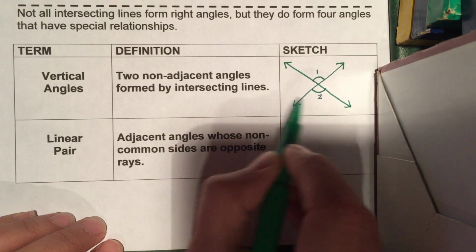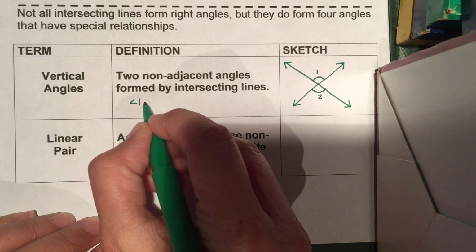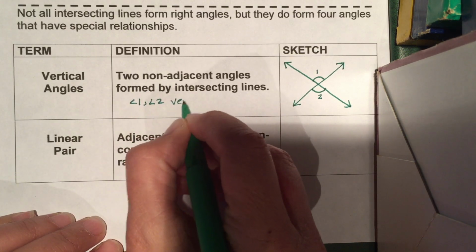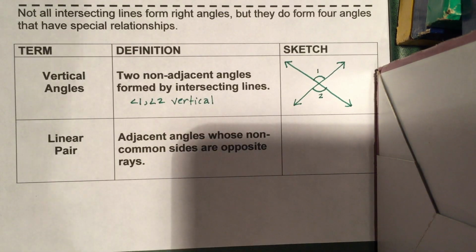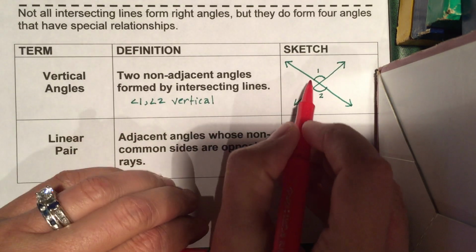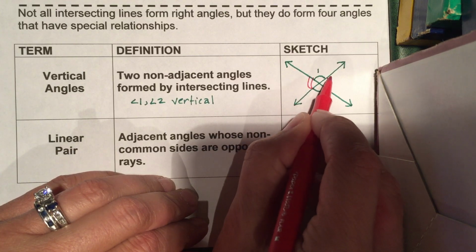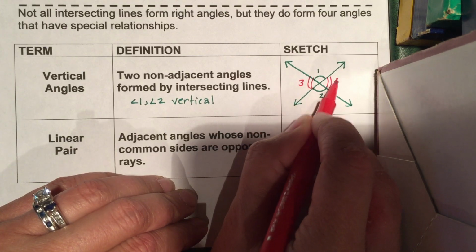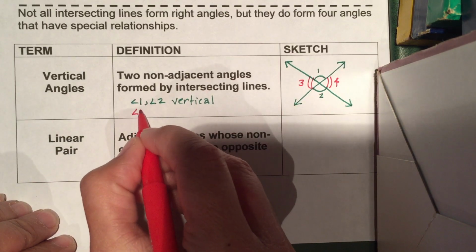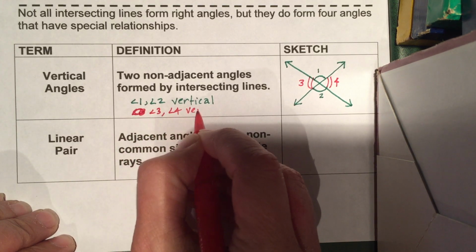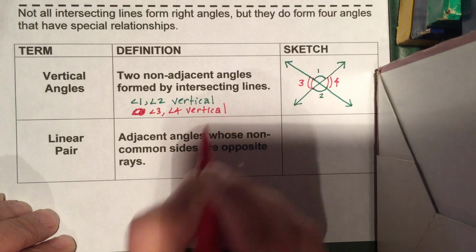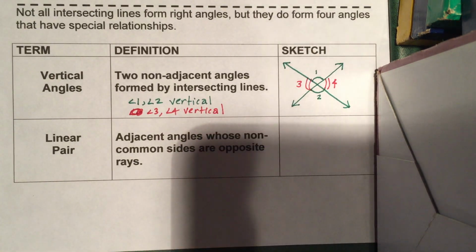Okay, let's go ahead and label them. So angle 1 and angle 2 are a vertical pair. And then we also have these. We'll call those 3 and 4. Angle 3 and angle 4 are also a vertical pair. So those are your pairs of vertical angles.